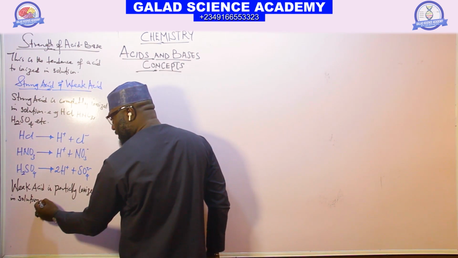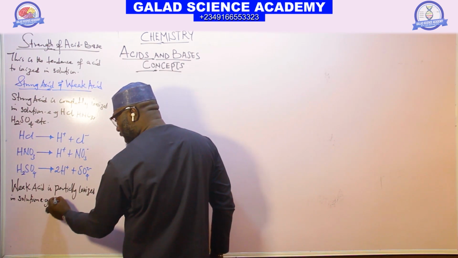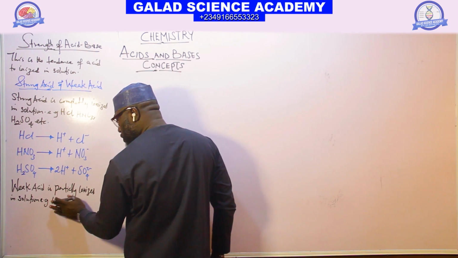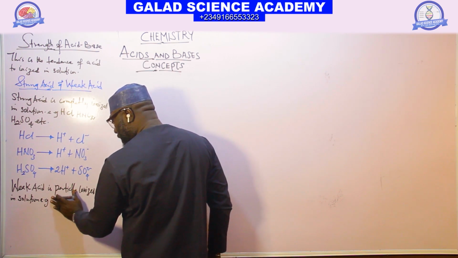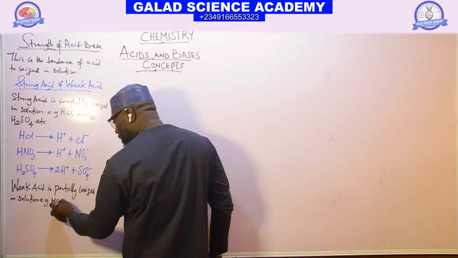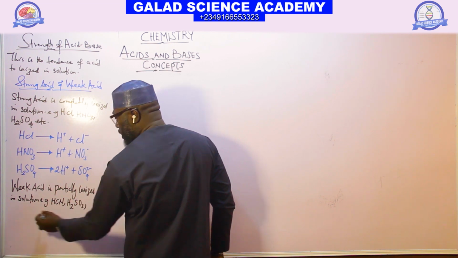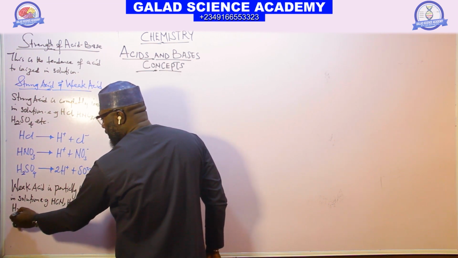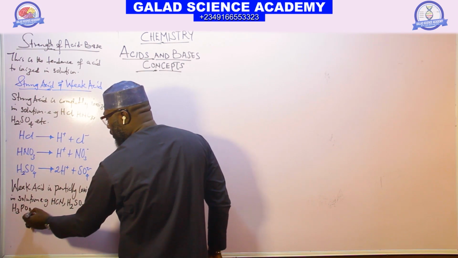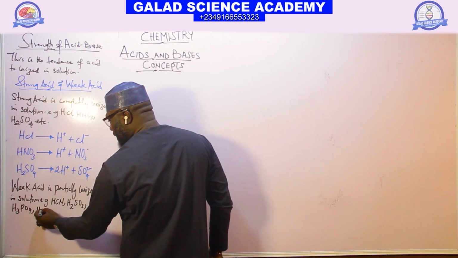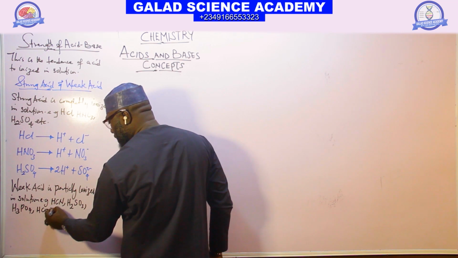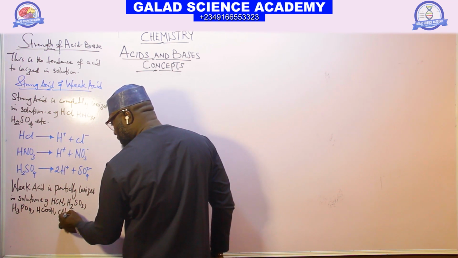Examples of weak acid: we have hydrogen cyanide, we have H2SO3, we have H3PO4, we have methanoic acid, we have ethanoic acid.